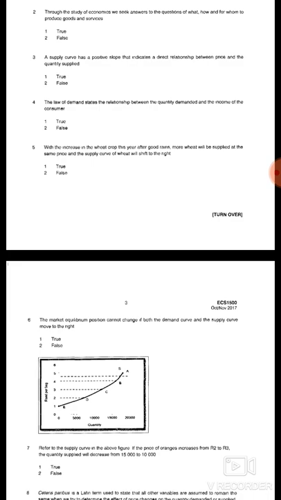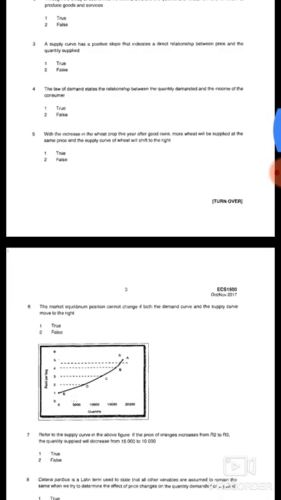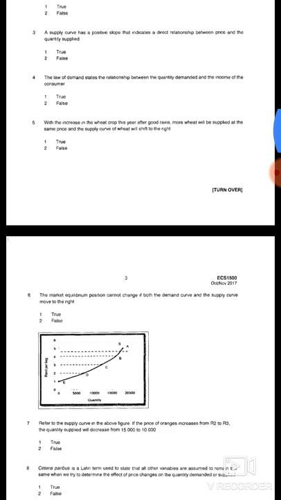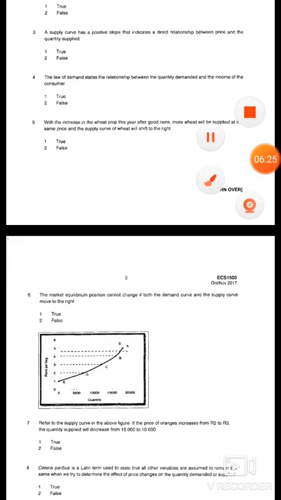This is very much true, so option number 5 is true. If there is good rain, there will be a lot of wheat. So if there is a lot of wheat, it means there will be an increase in the supply of wheat. So the increase in the supply of wheat will be seen on the shift.